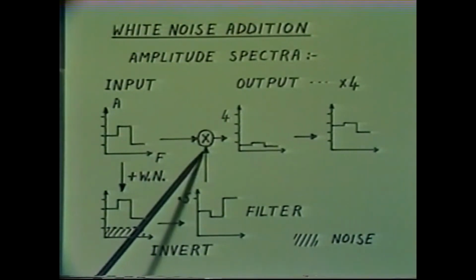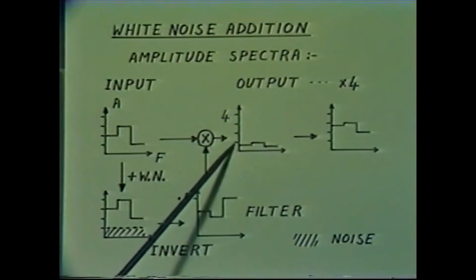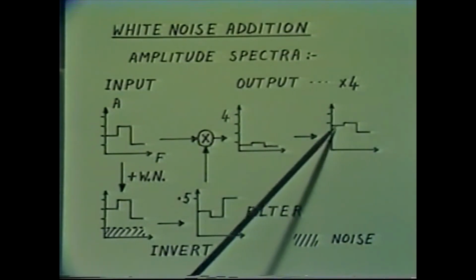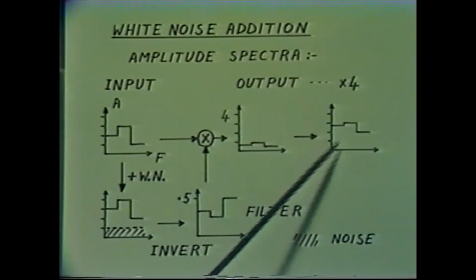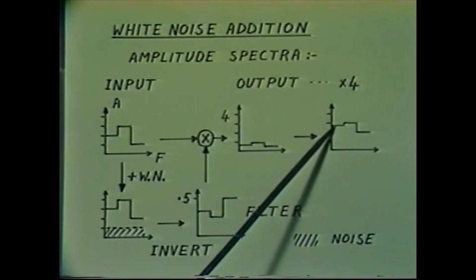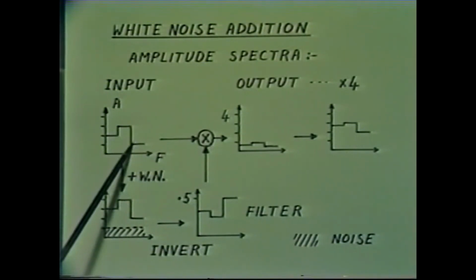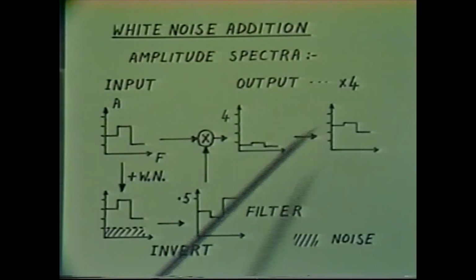That is then multiplied with the amplitude spectrum of the input record, and the result is this output spectrum. Now, we need to scale that up to bring it to roughly the same amplitude as the input spectrum, but having done that, we can see that it still retains some of the shape of the original input spectrum, but the variations are reduced in magnitude.